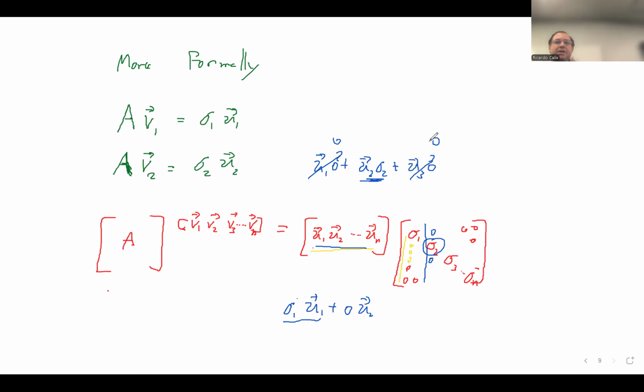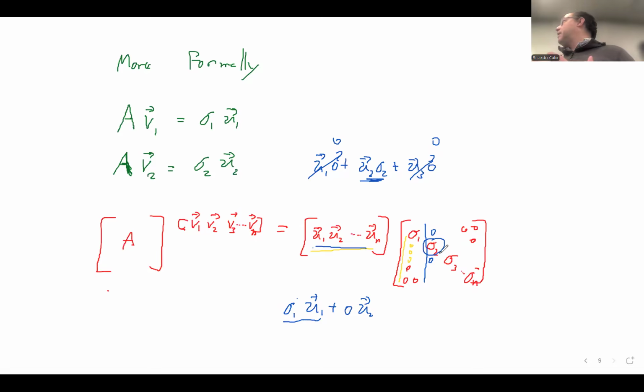But this is important, the way that I'm formulating this, because from now on, the singular value decomposition will always give us one matrix of the 3 that it gives us that is going to be like this, which we can call the diagonal. Okay? Do you guys see that?